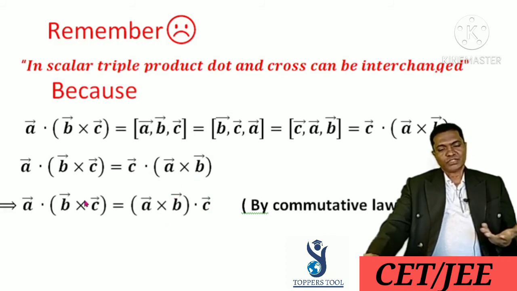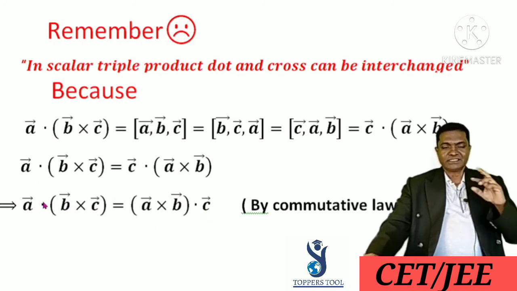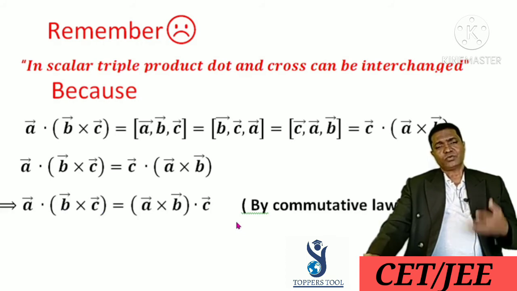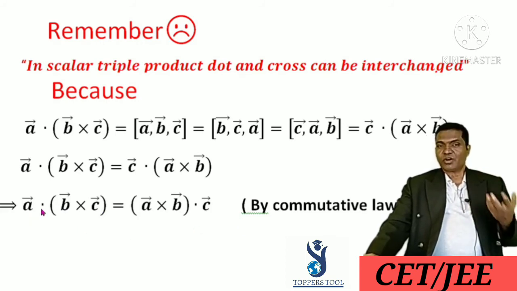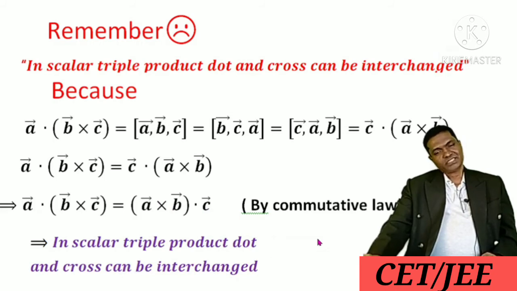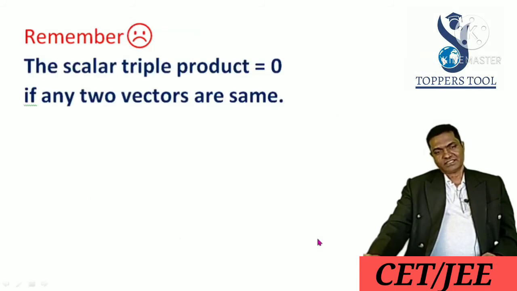You can see here that the vectors are in the same order, whereas the dot and cross are interchanged. So you can remember it in this fashion also. Whenever it's required to change the dot into cross, you can use this. So let's move on to the next part.